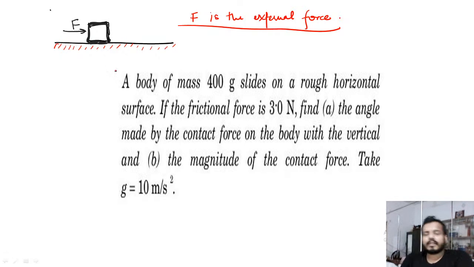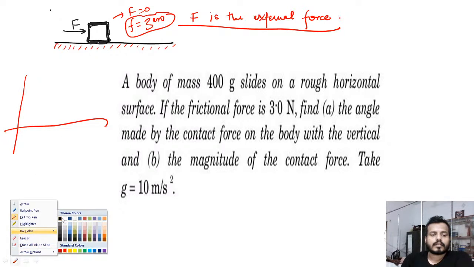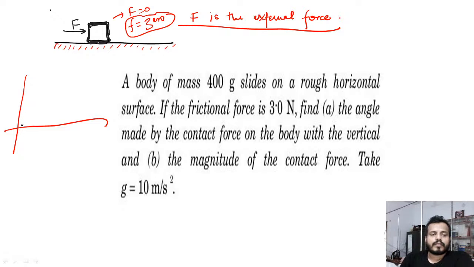So if you start applying external force on this, the friction value also increases. Initially, when F is 0, when there is no external force, the friction value is 0. Alright. So finally, the friction value will increase. Then suddenly the friction value will decrease, and this will go like this.